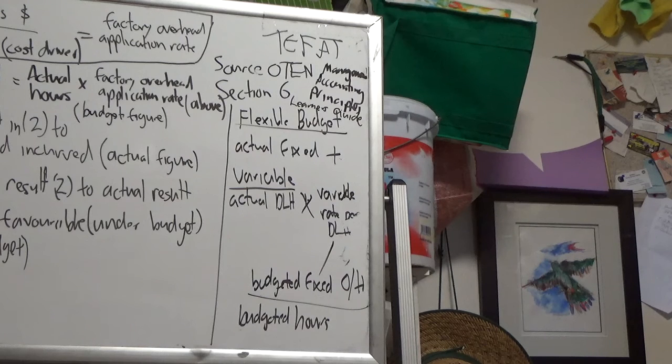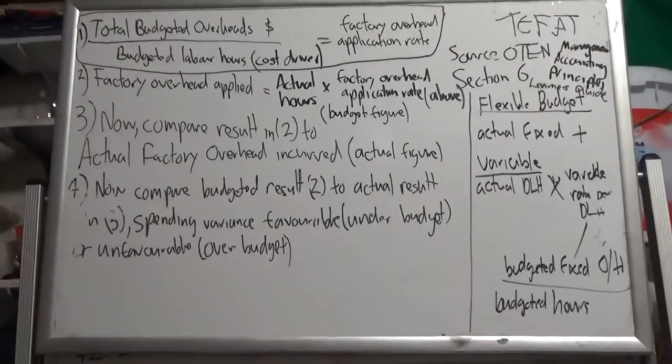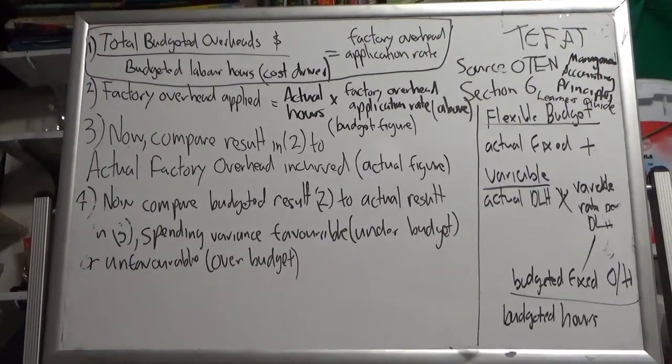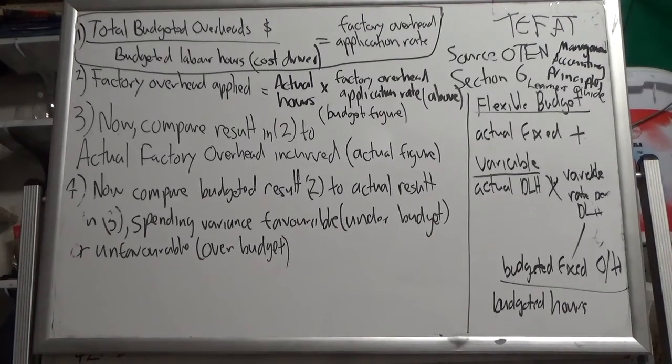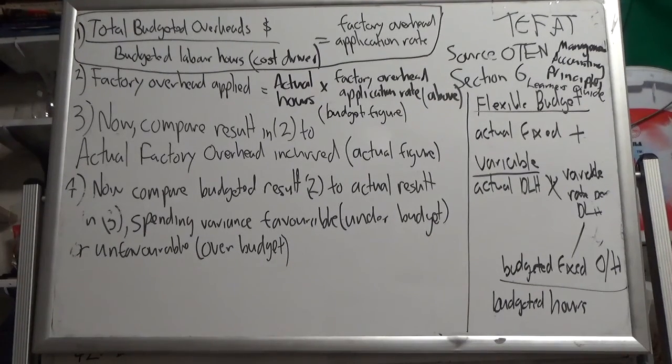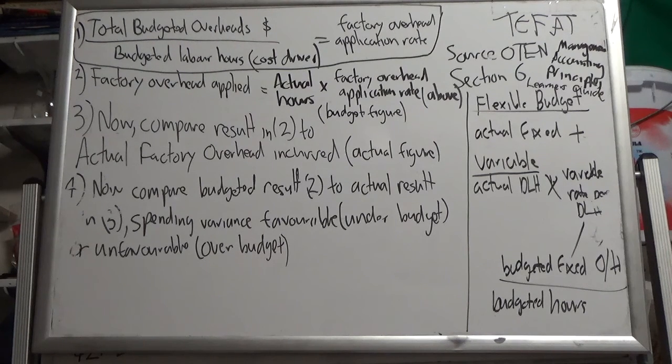Now, absorption costing gives you figures that are fixed and variable, which you'd expect, but direct costing only refers to variable costs: direct materials, direct labour, and variable factory overheads. Items directly charged to production, but only variable costs.